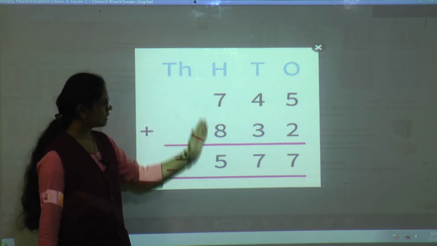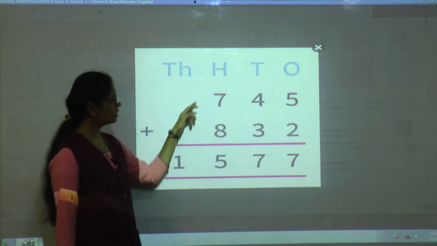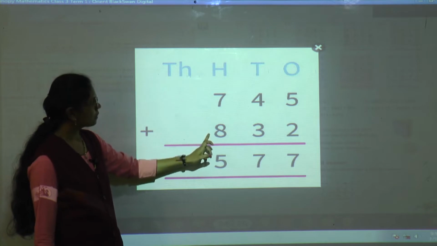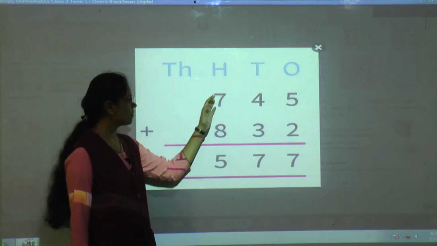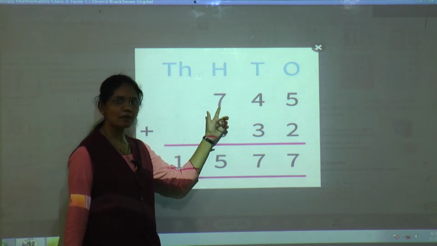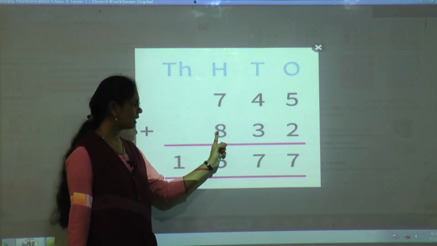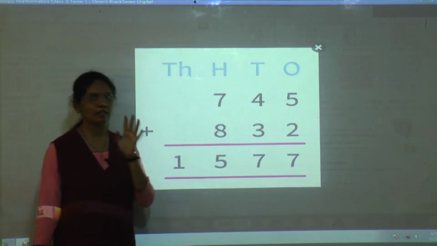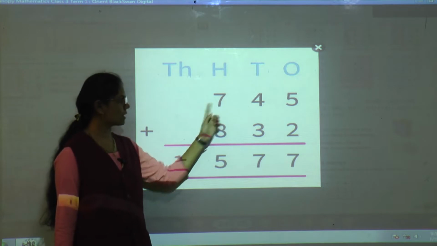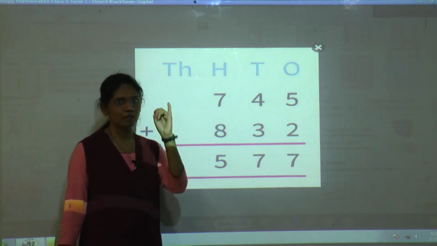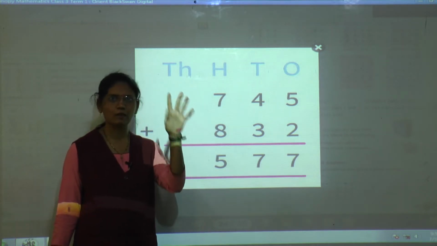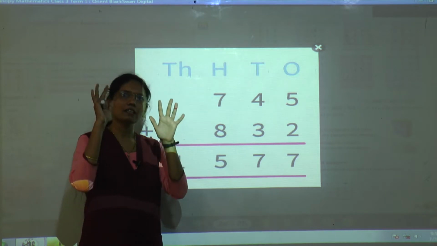Now if we see the hundreds place digit, here 700 plus 800. 7 plus 8. Now keep this 7 in your mind, and 8, take out your 8 fingers. After 7, count 8 fingers: 8, 9, 10, 11, 12, 13, 14, 15.